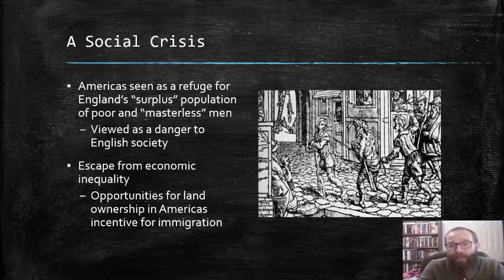So, to these men, who were deemed masterless and really had very low economic opportunities in England at the time, immigration to America really seemed like an escape from this economic inequality. There were tremendous opportunities in their eyes for land ownership in Americas, which was a great incentive for immigration. Because remember, land was very tightly aligned with not only wealth, but status in English society.